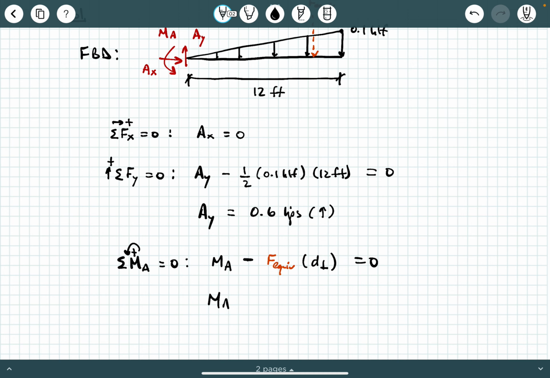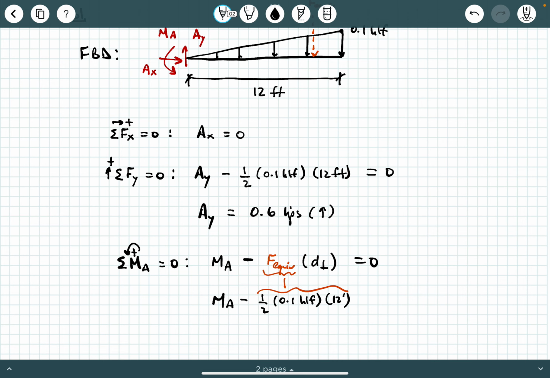And if I write this out a little bit more clearly, that F equiv is really just this computation I did in my previous step. So I'm going to say MA minus 1/2 times 0.1 KLF times 12 feet. Okay, so that F equiv is this whole term right here.